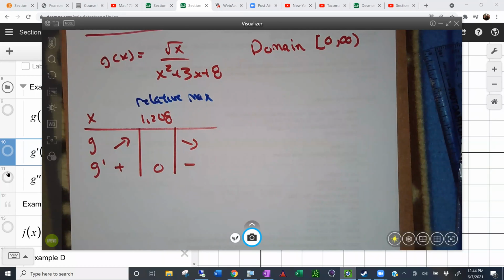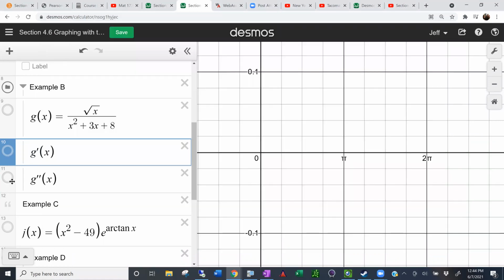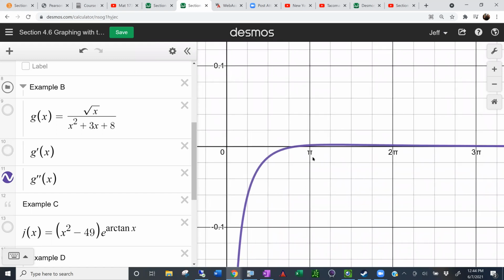All right. How about the second derivative? Let's take a look at the second derivative. And even with some nice technology, it takes a little bit of finesse to see what's going on with the second derivative, because the second derivative hugs the x-axis so closely.